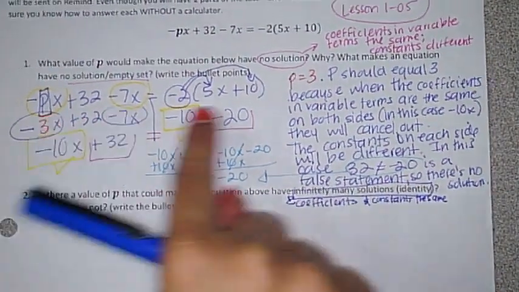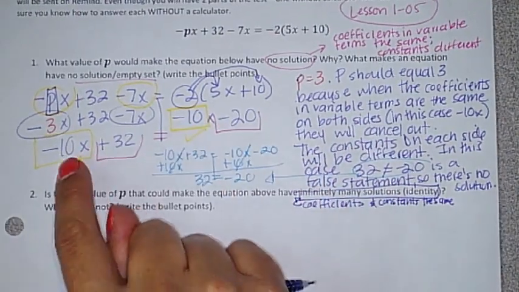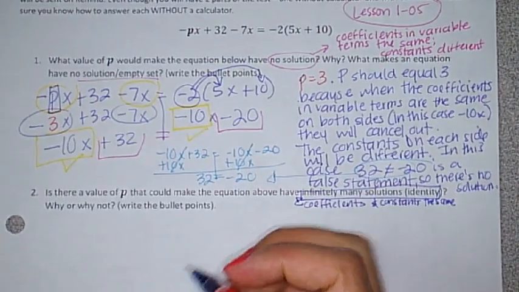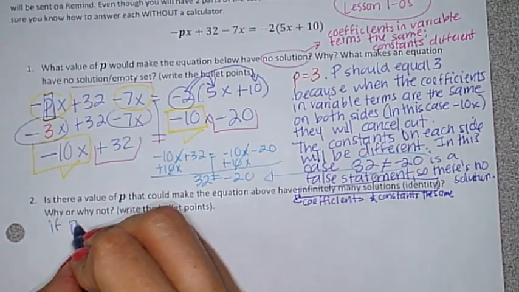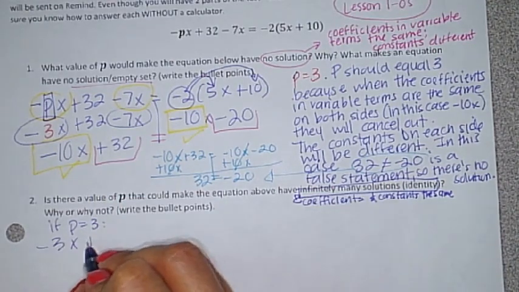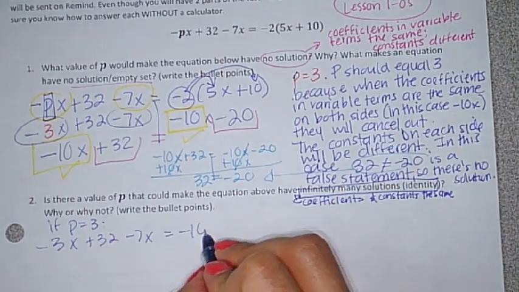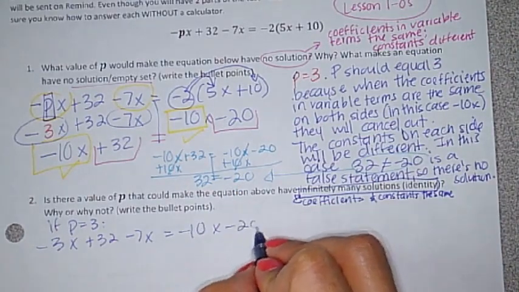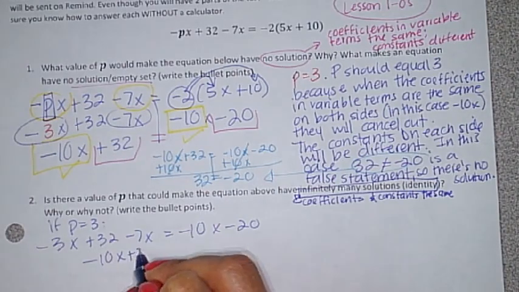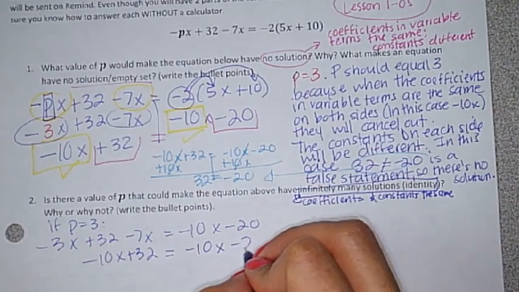So I have my equation. I did in number 1 make the coefficients of the variable terms the same, so I could say if P equals 3, right, I had that negative 3x plus 32 minus 7x. I'm just copying what I did on the top, right, and so here I would have the negative 10x plus 32 and the negative 10x minus 20.